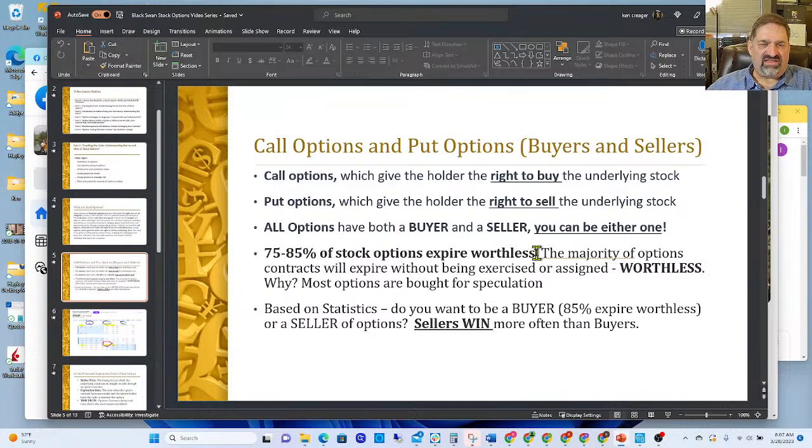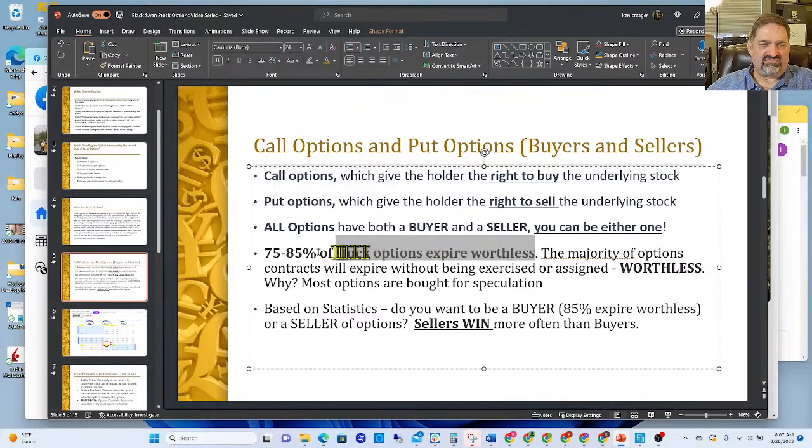So this is a really interesting point right here, and one of the main reasons around one of the strategies that I like to use, which the teaser kind of went into, which is buying stock at a discount. Basically using an option to get into a stock position that you want to get into anyway at a discount. That's because 75 to 85% of all stock options expire worthless.